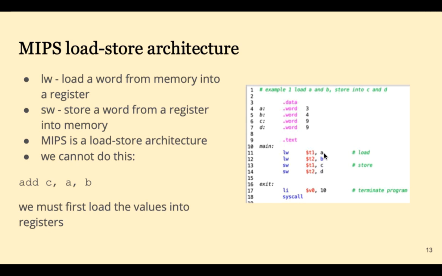So in this first line of code, we see that the contents of A, which will be 3, are copied into register T1, and the contents of B, which are 4, are copied into T2. Then we see that the contents of register T1, which is 3, are written out to C, and the contents of register T2, which is 4, are written out to memory location D. All right, let's see how that looks in MIPS.